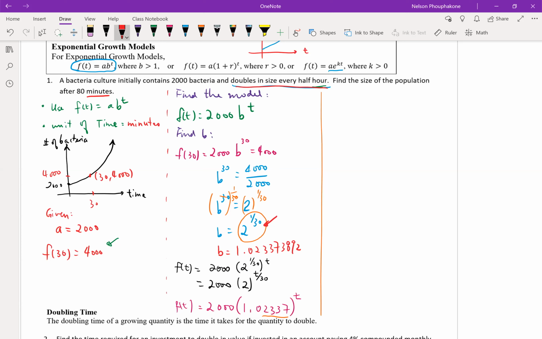right? So then when t equal to 80 minutes, then of course I will have f of 80 is 2000 times 2 raised to the power of 80 over 30. Okay. Then let's just try to use a calculator. Okay. And also remember these b values, okay?